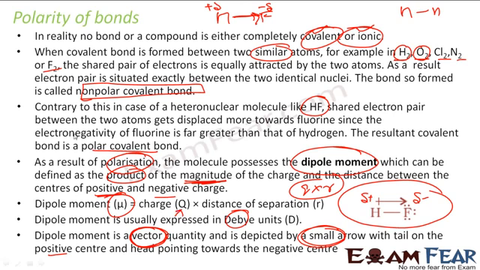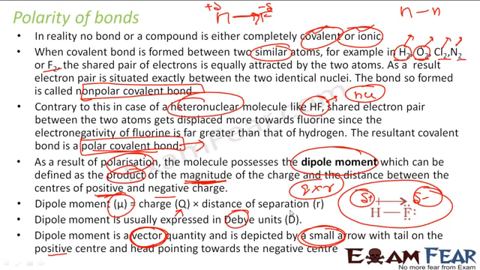This polar covalent bond exists in heteronuclear molecules, for example HF, HCl. In a homonuclear molecule where the atoms are the same, this polarity doesn't exist and they are called non-polar covalent bonds. But in heteronuclear molecules like HF and HCl, I have a polar covalent bond with partial charges on the atoms.